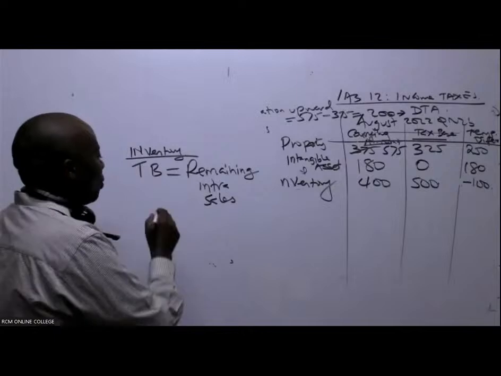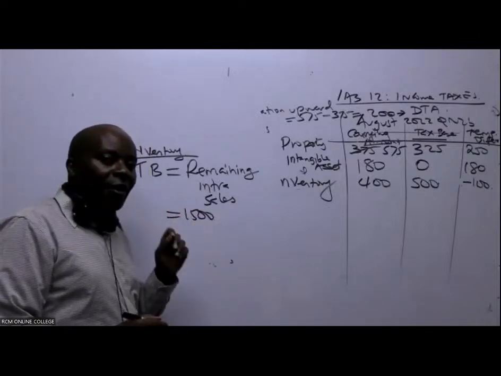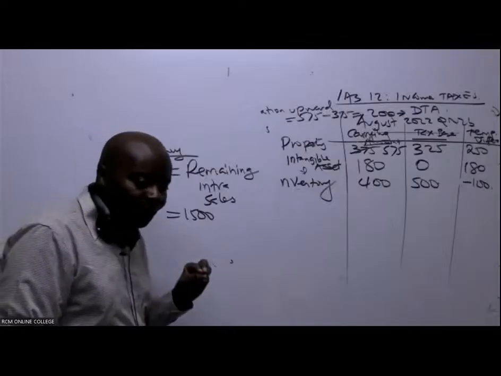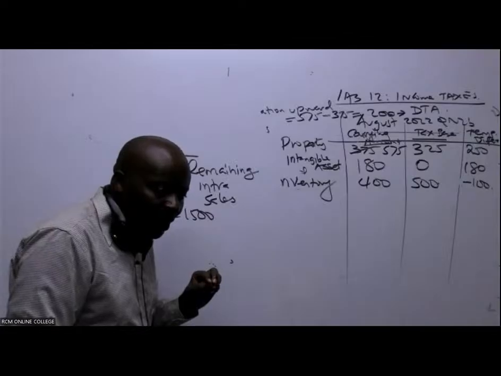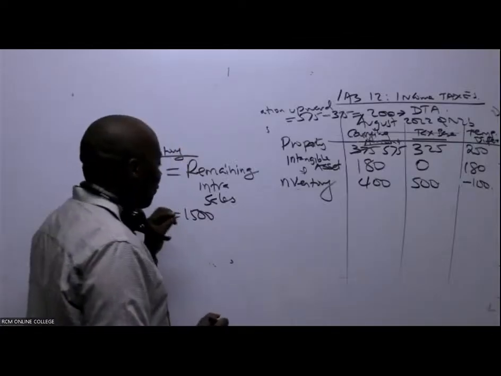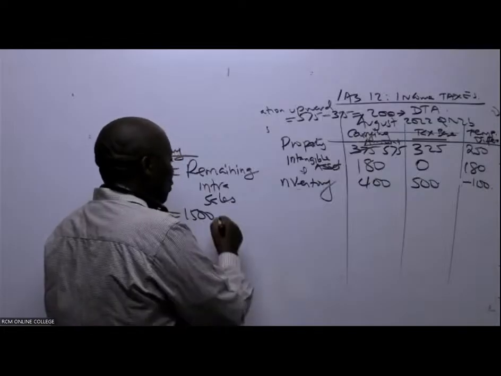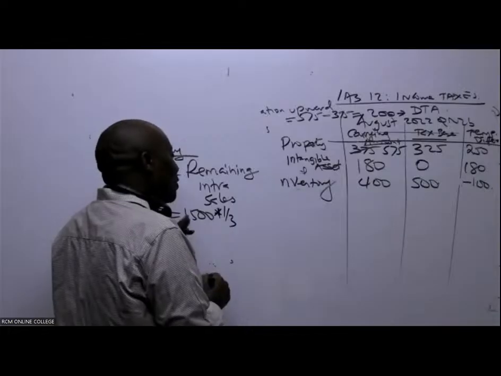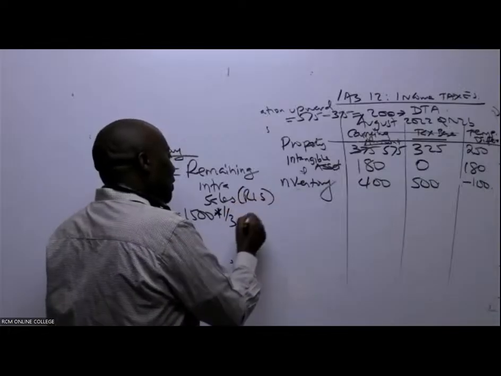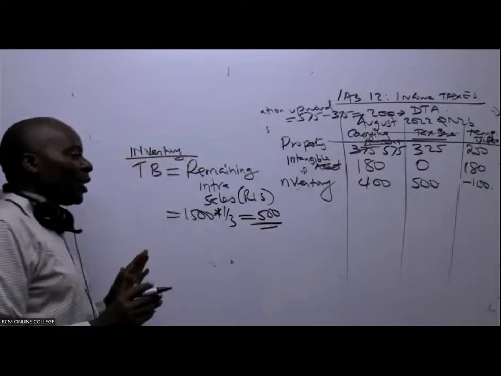So here we sold goods worth how much between ourselves? 1,500. And by the end of the year, the fraction remaining was a third. So the remaining intra-sales, which is our REIS, is 500.